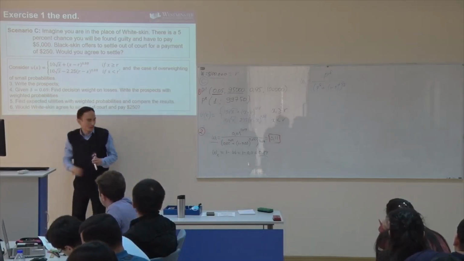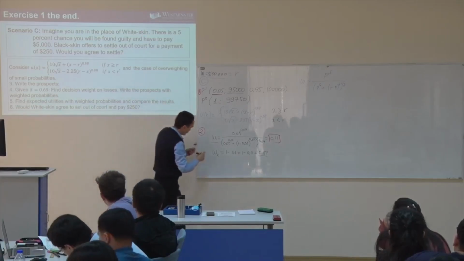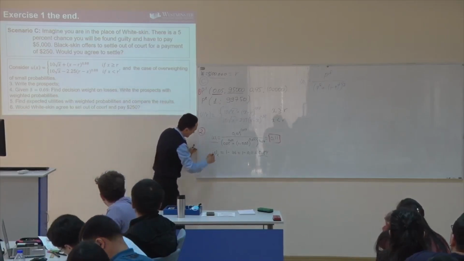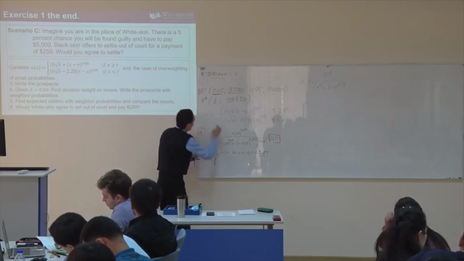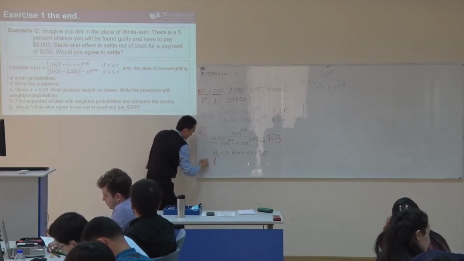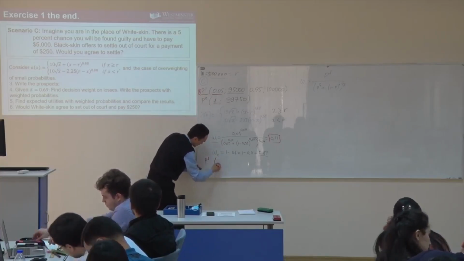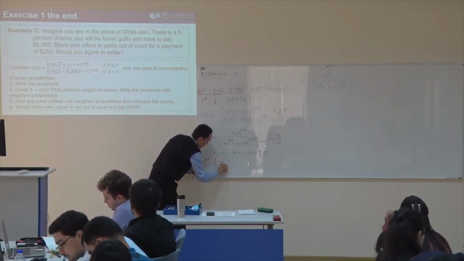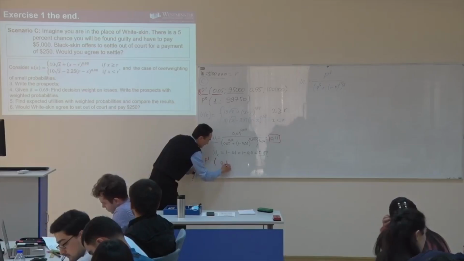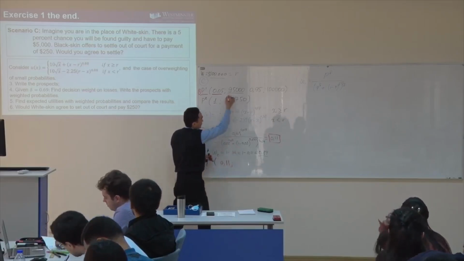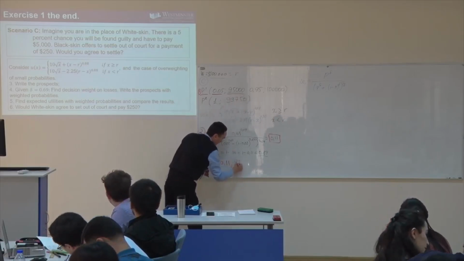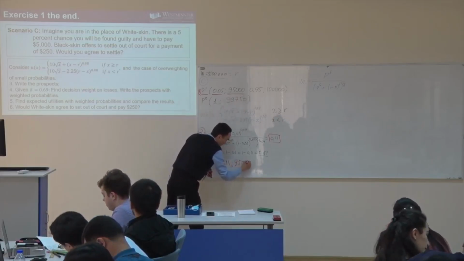Weighted probabilities. Okay? So now we are going to write the prospect with weighted probabilities. In the first case, he is thinking that there is an 11% probability that his wealth is going to be equal to 95,000.